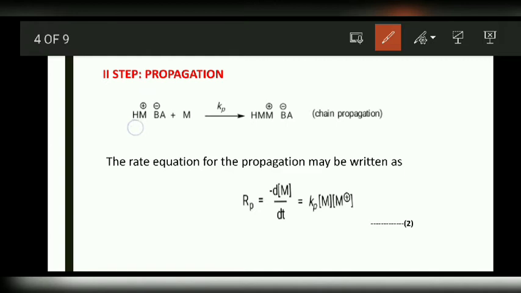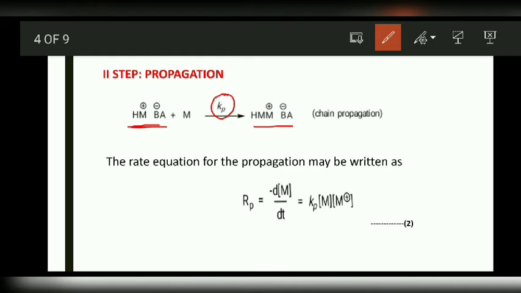See here, this is the carbonium ion and the monomer gets added to form the chain like this. So, this is the chain propagation reaction, and the rate constant for this propagation reaction is Kp.